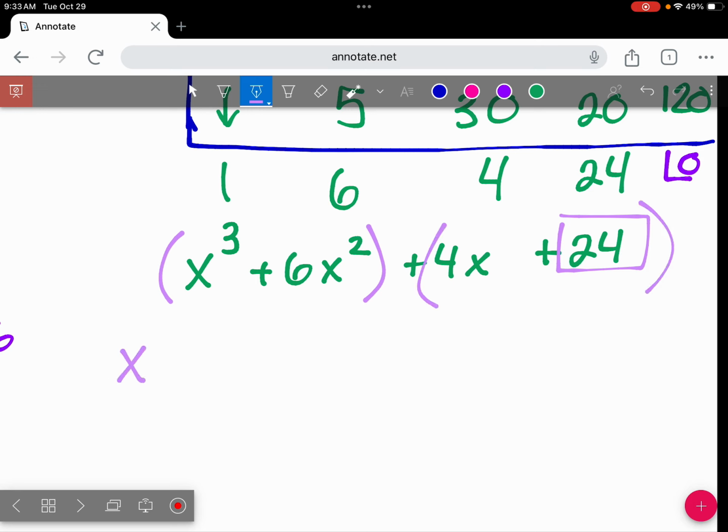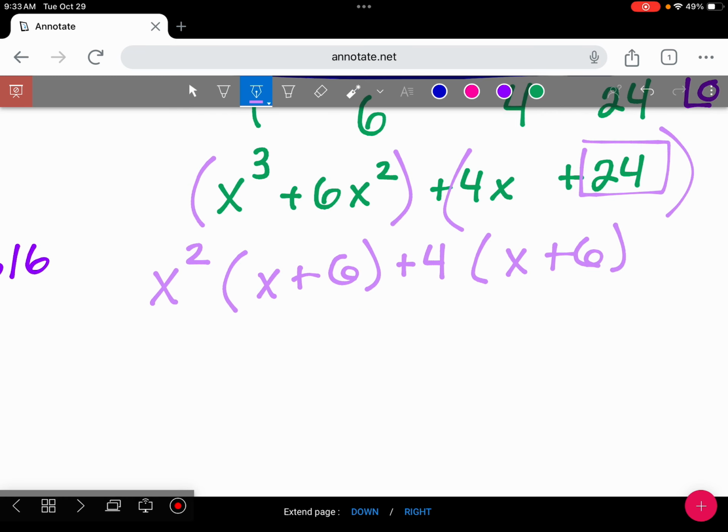We're going to have our x squared come out in the front pair to get x plus 6, and I can take out of both of these a 4 to get my x plus 6. So it does factor nicely into x plus 6 and x squared plus 4.